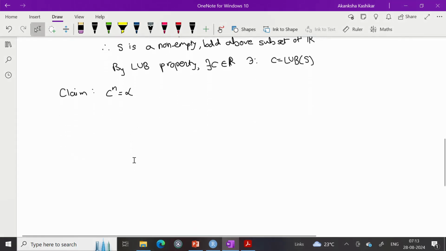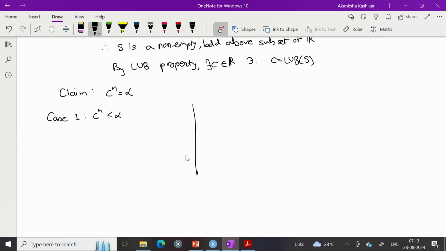This is my claim. So we will consider two cases and rule them out as we discussed in the strategy. So what happens if C raised to n is less than alpha? So we said in the picture that this is the point of intersection.